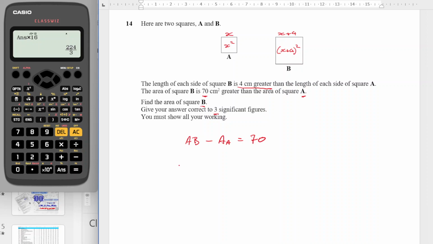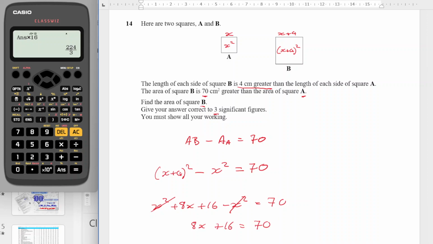So in effect, x plus 4 squared minus x squared is equal to 70. If I multiply this bracket out, that gives me x squared plus 8x plus 16 minus x squared is equal to 70. They would cancel, so I'd just be left with 8x plus 16 is equal to 70.